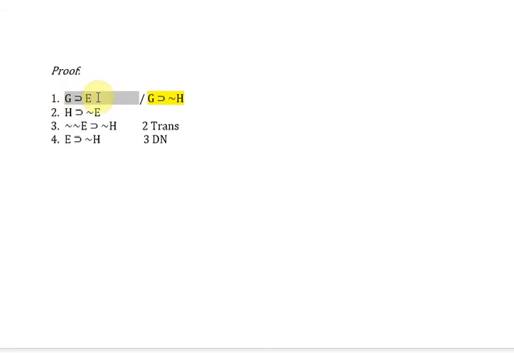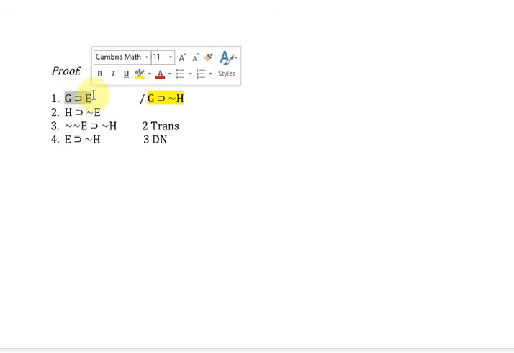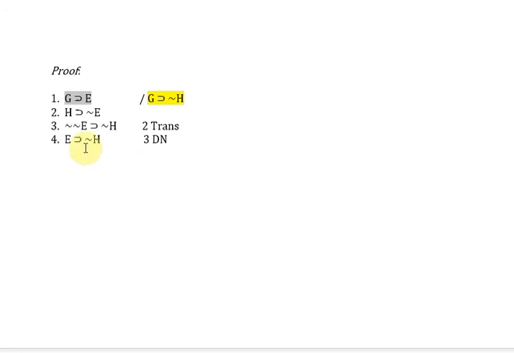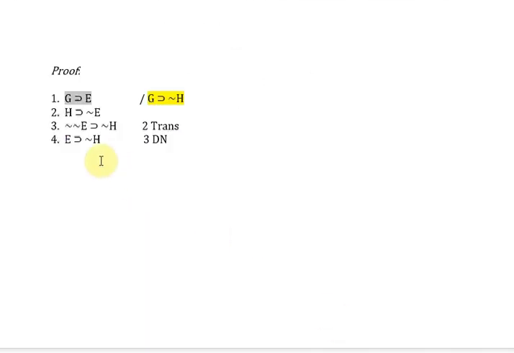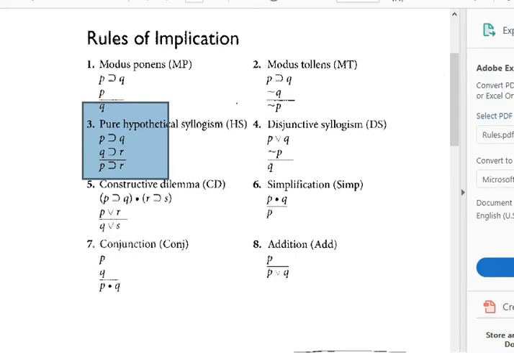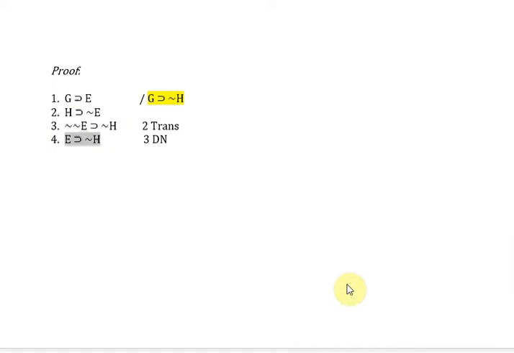If P then Q is basically our if G then E, right? And then our if Q then R is our if E then H, right? And so remember, hypothetical syllogism, if P then Q, if Q then R, that gives us if P then R. Well, our P here, again, remember, that's our G. So for line 5, we write if G, then not H, right?